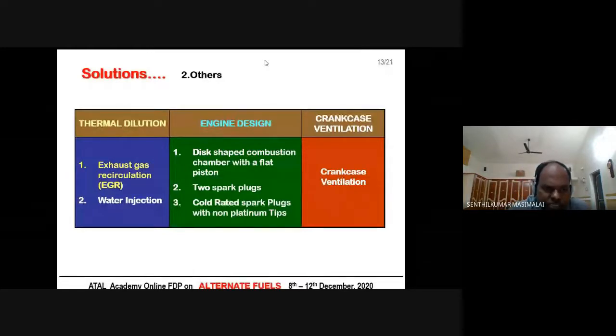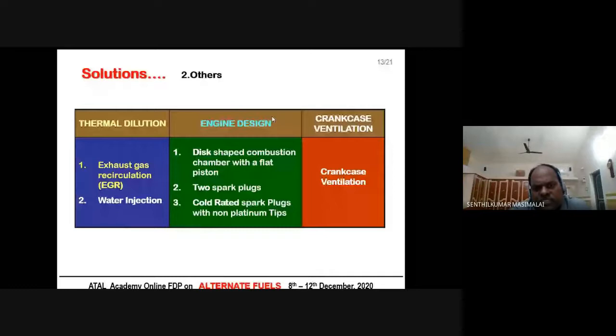The next one is introducing 2 to 3% of water along with the charge during the intake. By introducing water inside the combustion chamber, we can also control the combustion rate. So this comes under thermal dilution.